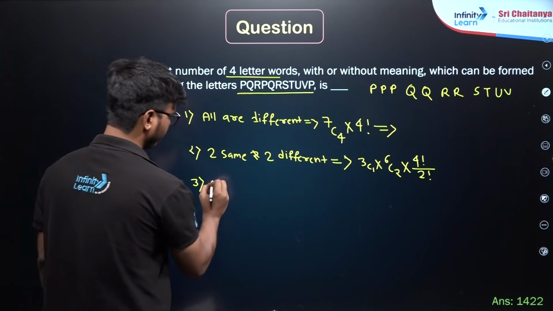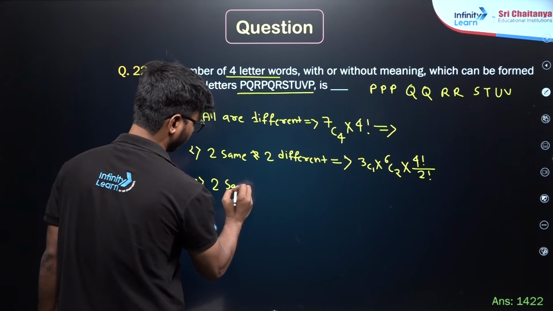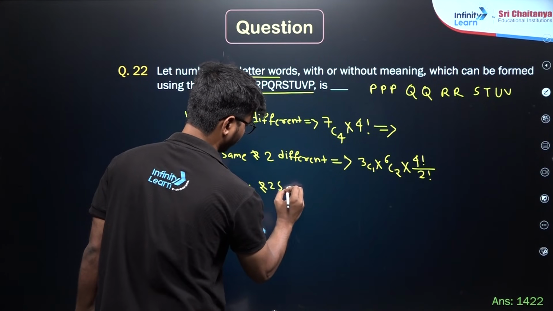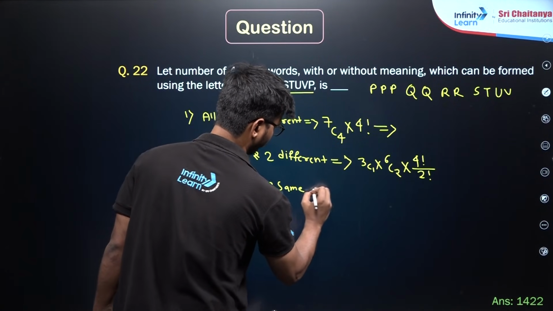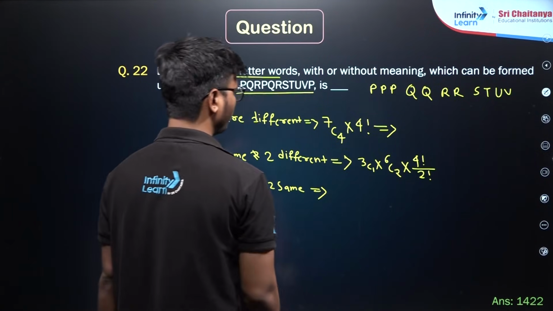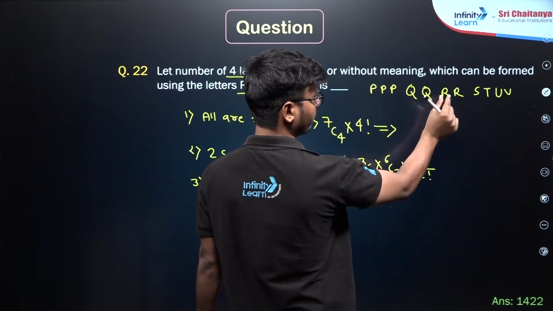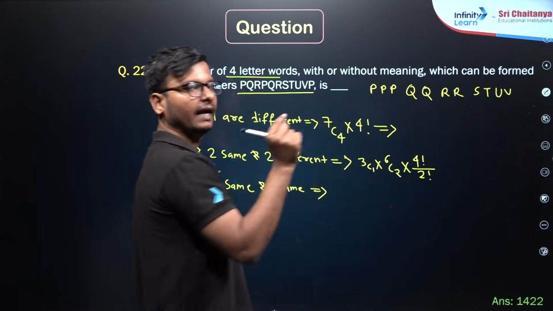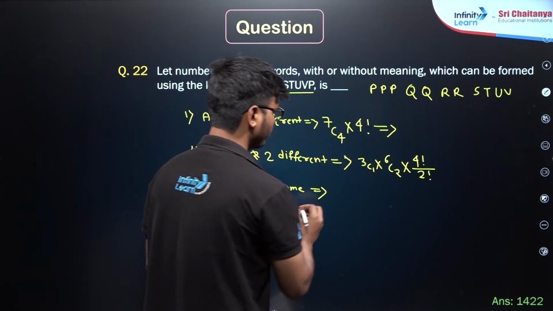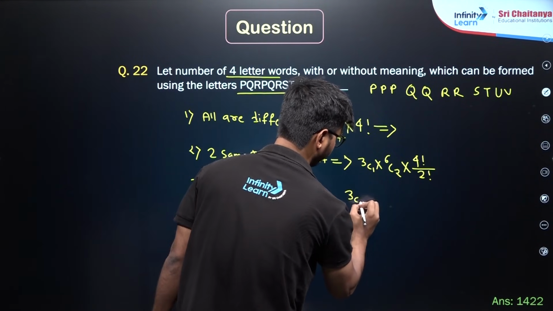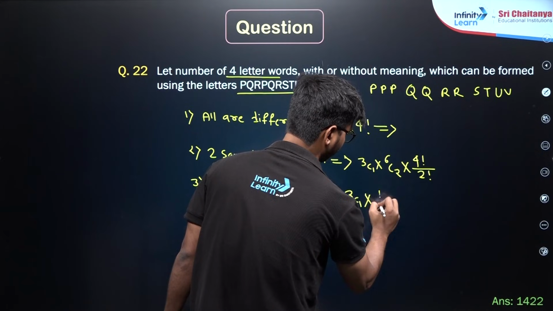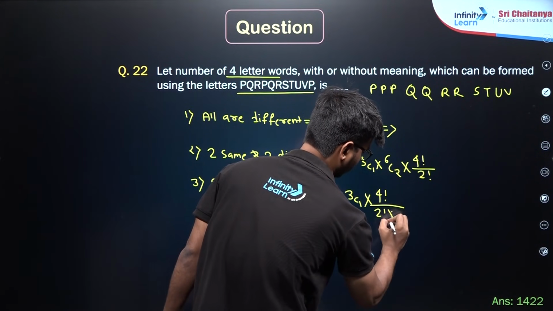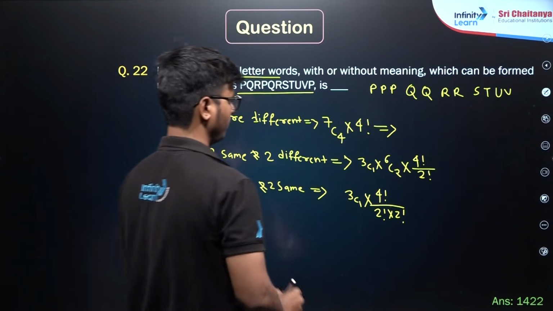Third case, I can take both pairwise same, 2 same and 2 same. Okay. So for 2 same, only 3 possibilities are there, because they are only getting repeated at least 2 times. So I can choose from here 3C2, and again these 4 can be arranged themselves in 4 factorial ways, and 2 are getting repeated, twice.